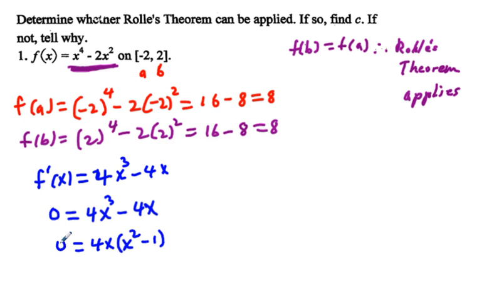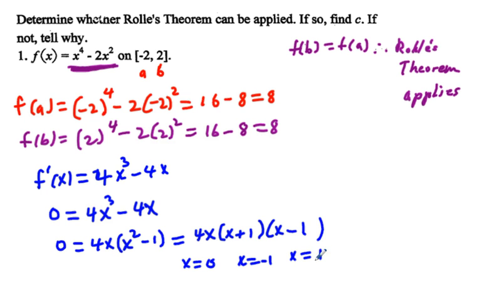So we can rewrite all this as 4x, and using difference of squares, x squared minus 1 becomes quantity x plus 1 times quantity x minus 1. And so we'll have x equal to 0, x equal to negative 1, x equal to 1.